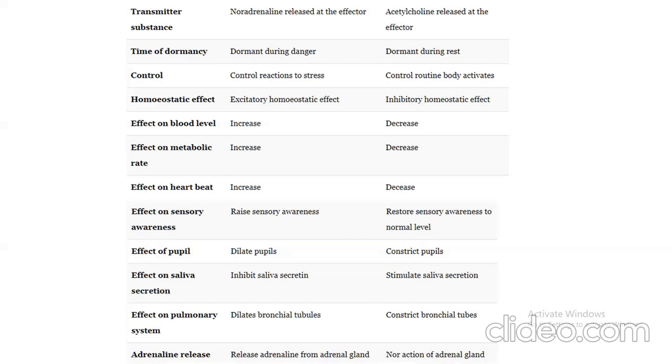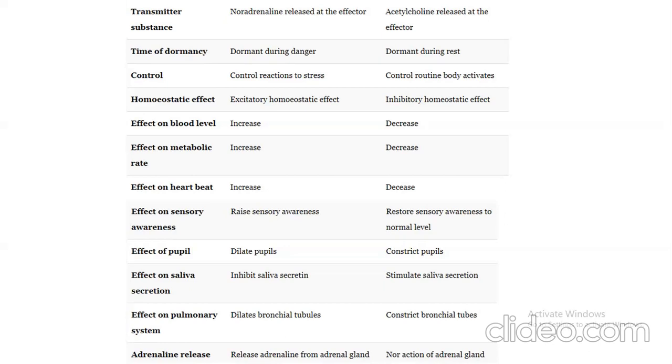Now next is the homeostatic effect, the excitatory homeostatic effect and the inhibitory homeostatic effect. Effect on blood pressure: it increases in the sympathetic and decreases in the parasympathetic. Effect on metabolic rate: it increases in the sympathetic and decreases in the parasympathetic.